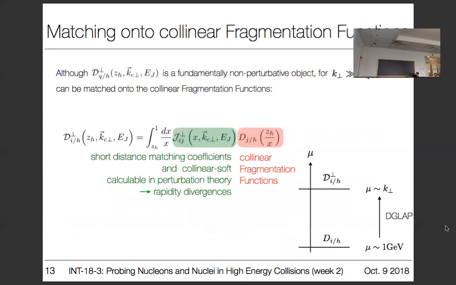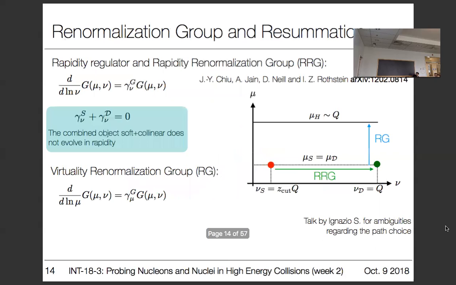Now, of course, if you're measuring transverse momentum, you're going to run into rapidity divergences, and you need to regulate those appropriately. We use the rapidity regulator for the rapidity divergences, and similar rapidity divergences should be expected when you calculate the soft function.